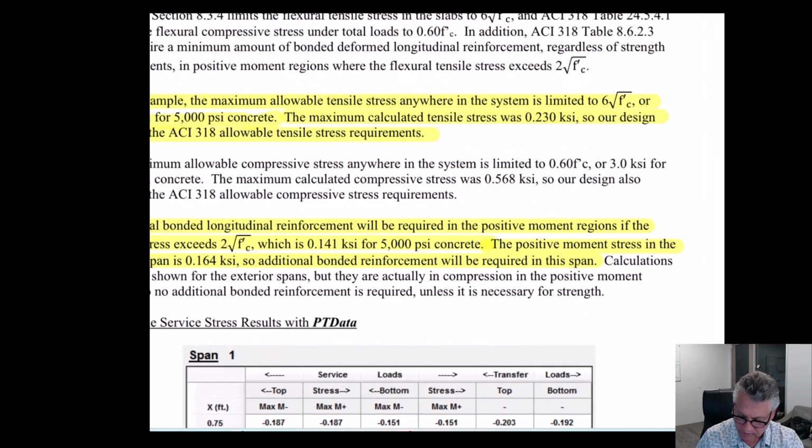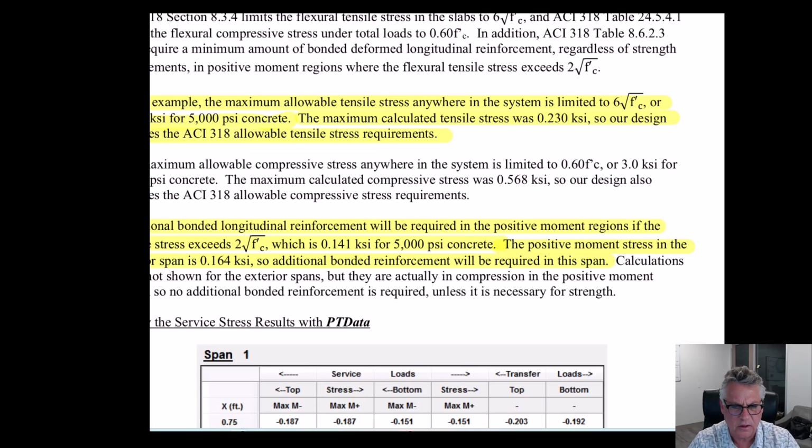Now, also, the reason I was doing this cloak and dagger stuff with the positive moment stress is that the code is going to require that any time we exceed 2 square root f'c in the positive moment region, additional bonded reinforcement will be required.